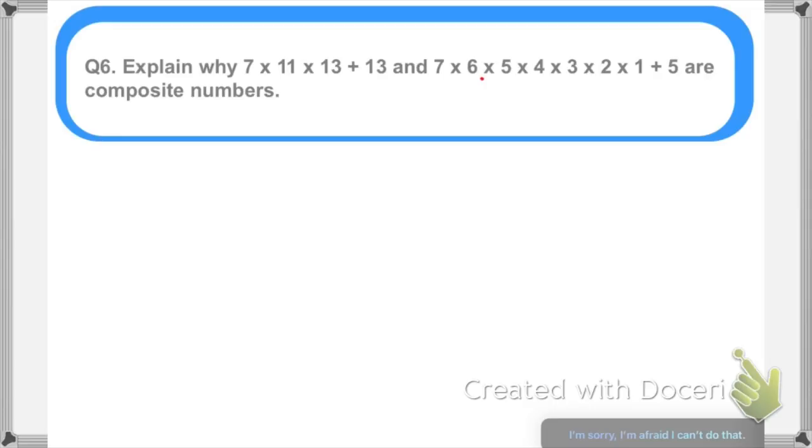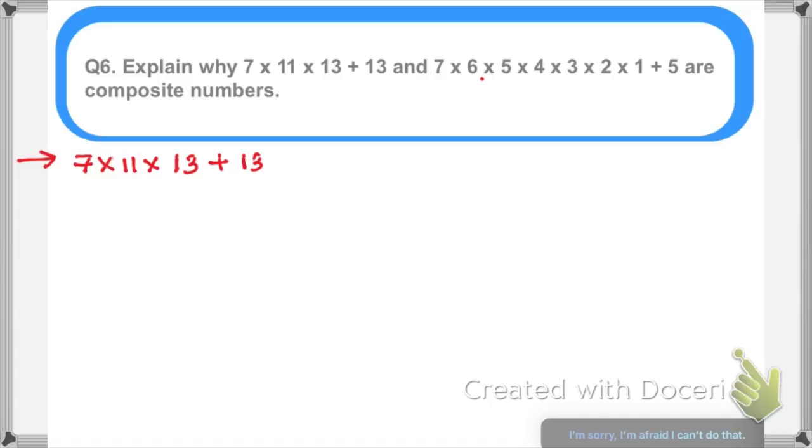Okay, so considering the first expression, 7 into 11 into 13 plus 13, we have to prove that this is a composite number. Okay, so before moving to the proof part, I'll first explain what composite numbers are.